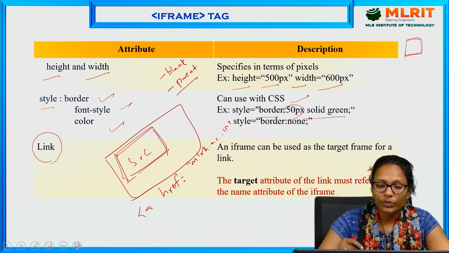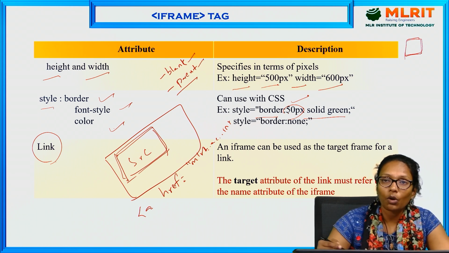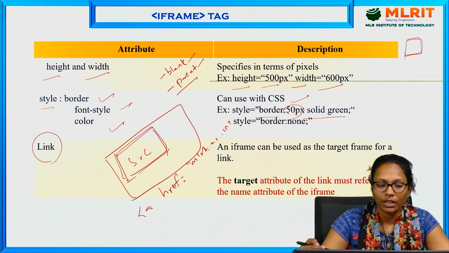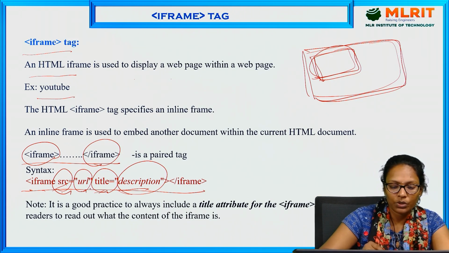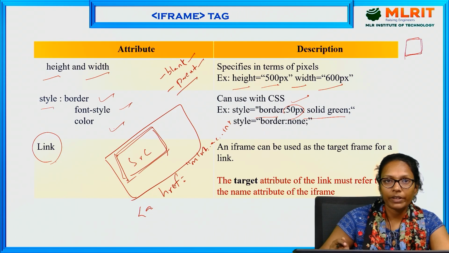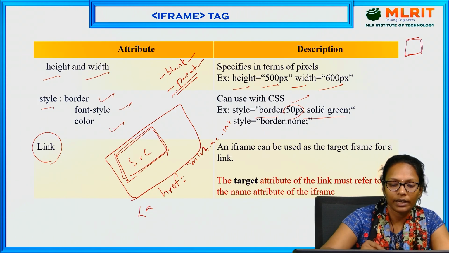Instead of these blank or parent, I can also mention the frame name. While creating the frame, you are giving the title and source, and along with that, you can also mention the frame name here. This frame name I can give as a target. So I'm giving target equal to the frame name, say ABC.